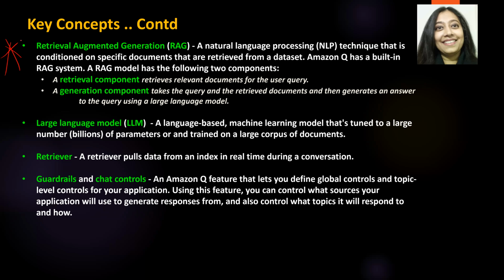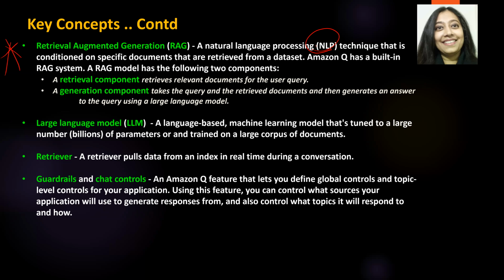Nobody uses a very heavy term like retrieval augmented generation. Essentially, you will hear the word RAG. But RAG is not the piece of rag that you have at home. It basically means, in the AI context, a natural language processing technique, that's an NLP technique, that is conditioned on a specific set of documents that are retrieved from a data set.